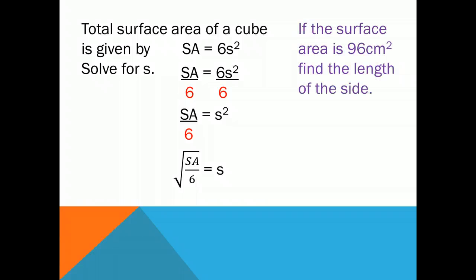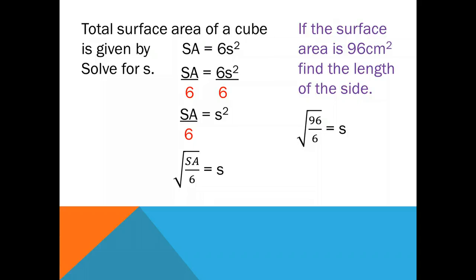If the surface area is 96 centimeters squared, find the length of the side. And remember, it's a square, so you find the length of one side, you have the length of all 4 sides. So what we're going to do is start with our formula. s is equal to the square root of 96 divided by 6.